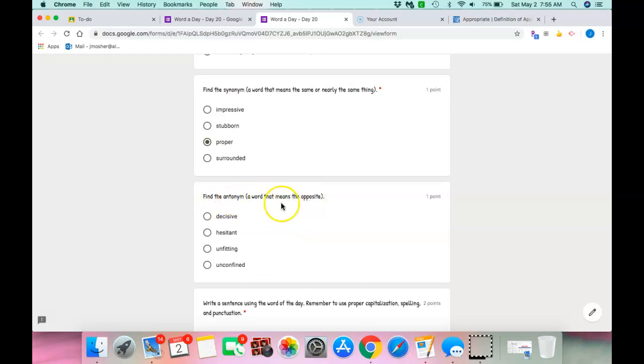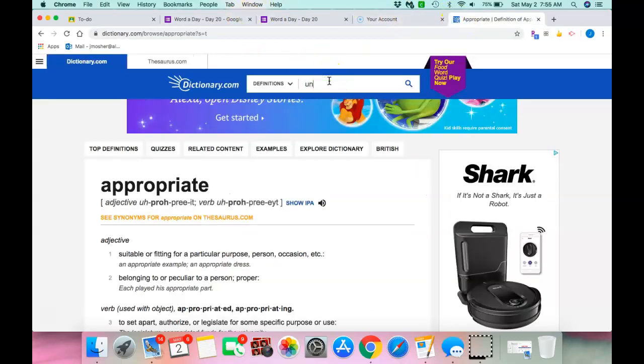Is the opposite of it. So is it the opposite of proper? Decisive, meaning you can decide. Hesitant, meaning you kind of step back and you're timid to do something. Unfitting or unconfined. Say I didn't know what this word unconfined means. I would go back to Google and I would look it up.